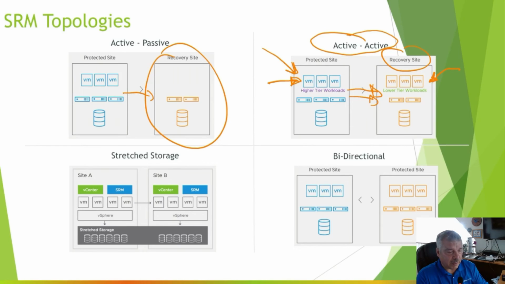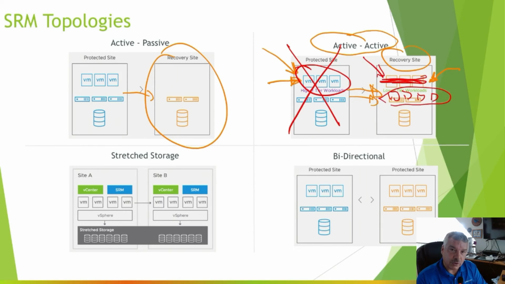If something should happen to my protected site, generally these VMs will be recovered on this site. You may say, okay, we don't have enough resources to run the test VMs and the critical VMs, so we're going to power these guys off and then run our mission critical workloads. So you have that capability as well. That's a little better than the previous one. At least you're making some use of that other site, which is fine.